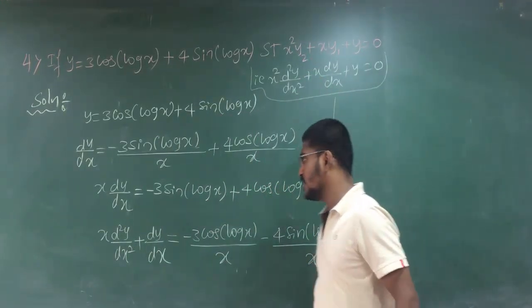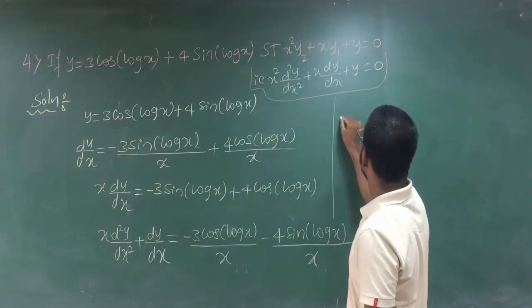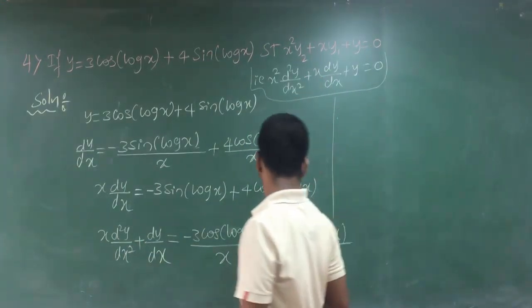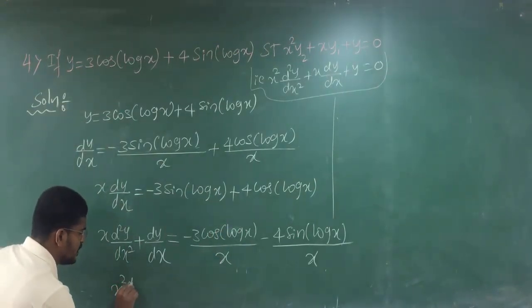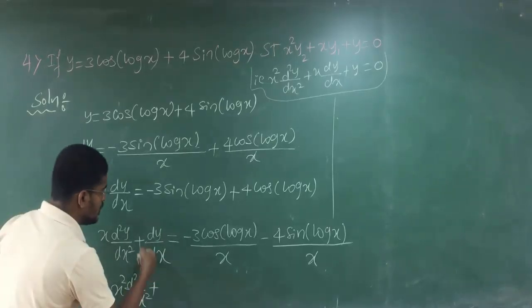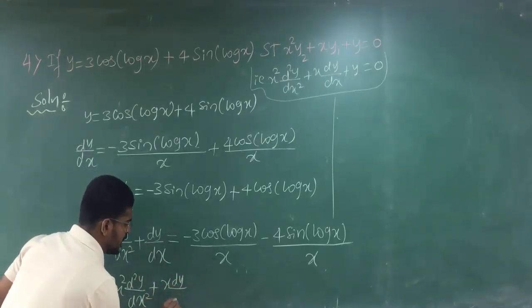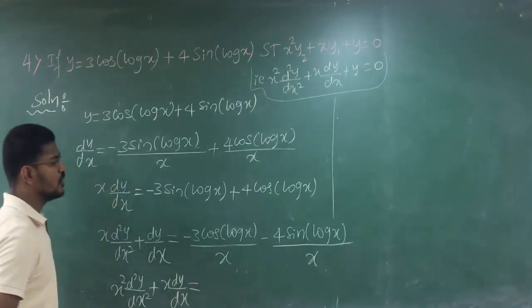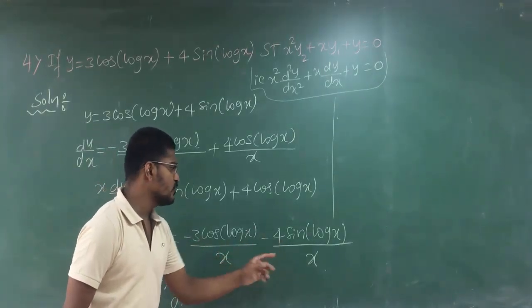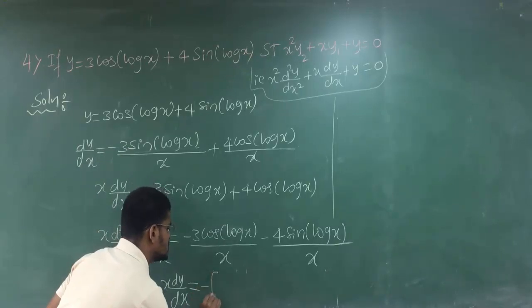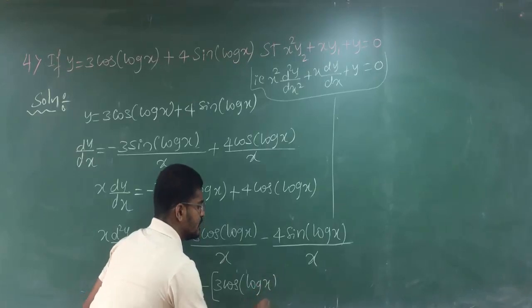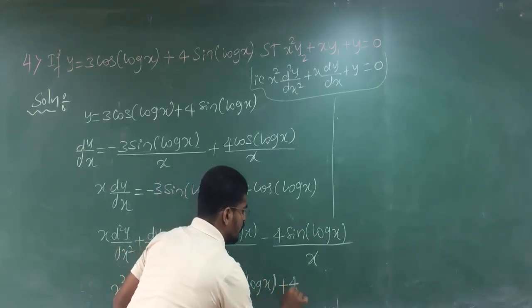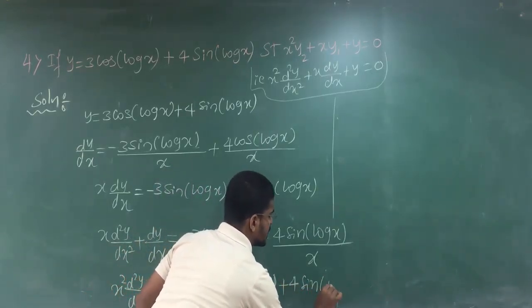Divided by x, again multiply to LHS, it will be x square. Multiply to x, it will be x square d square y by dx square plus x into dy by dx equal to minus 3 minus 4, take minus sign common, minus of 3 cos of log x plus 4 sin of log x.